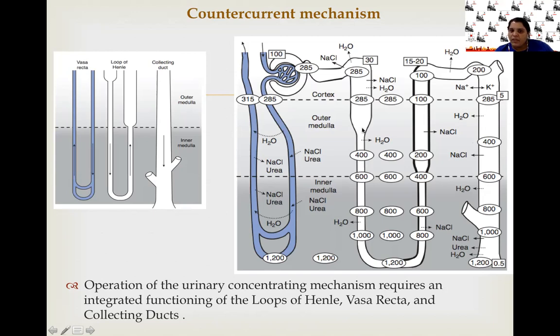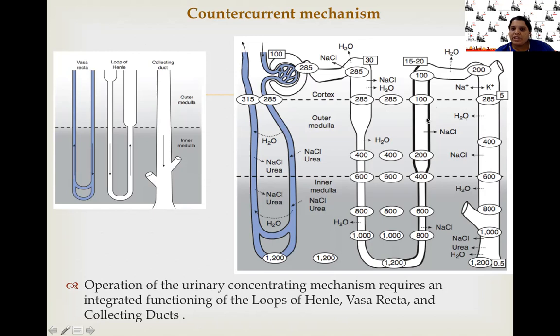And if you look at the amount of water filtered in the glomerulus, close to 100 liters with an osmolarity of 285, the ultimate excreted product can have an osmolarity as high as 1200. And to excrete this high osmolar load, as little as 0.5 liters of water is sufficient. So this is the concentrating capacity of the kidney, which is needed for adaptation to life.